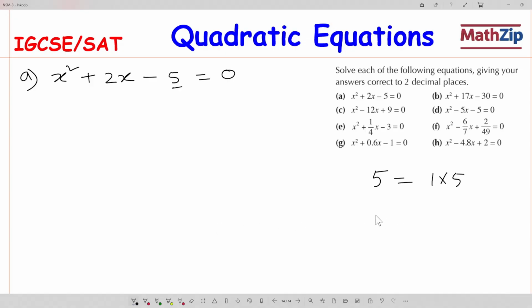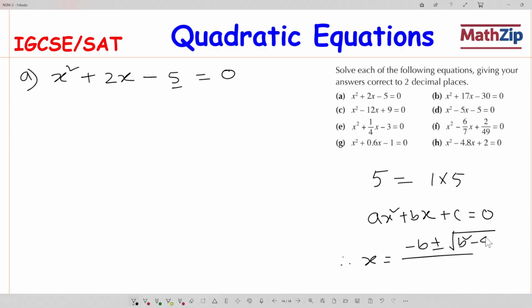It means we know ax square plus bx plus c equals 0. It means x equals minus b plus minus root over b square minus 4ac, divide 2a.